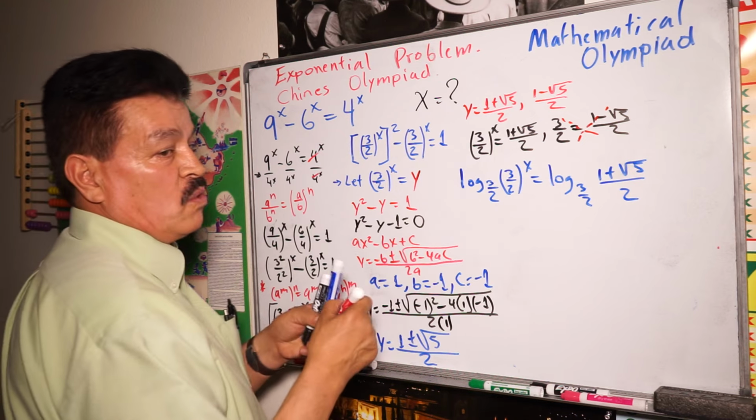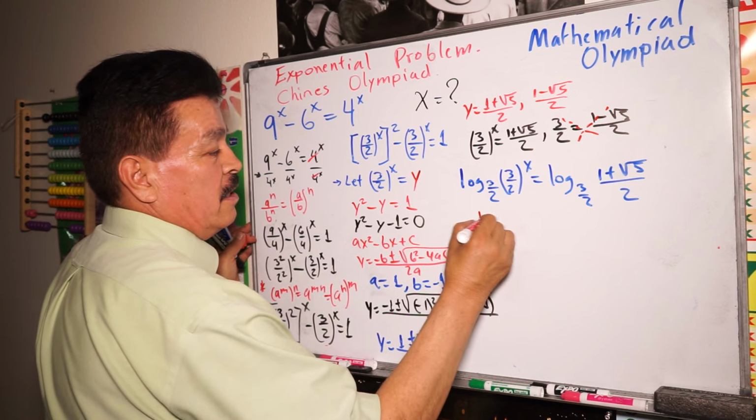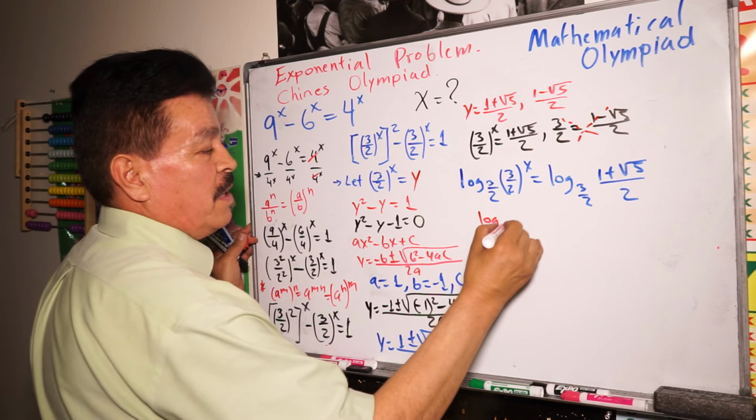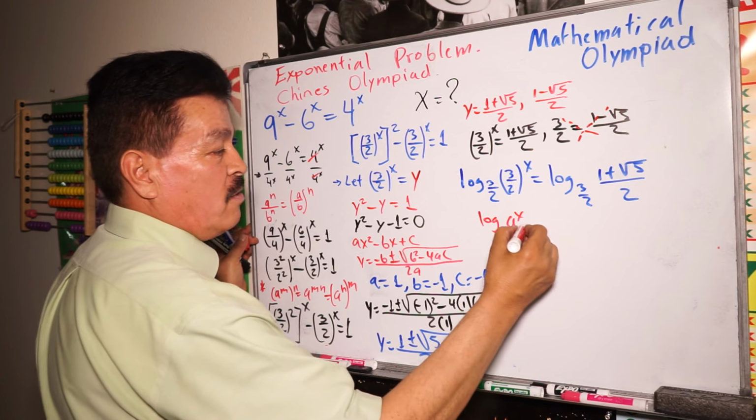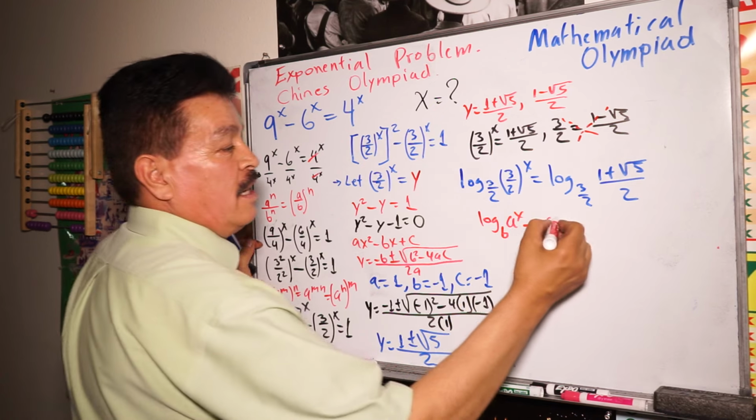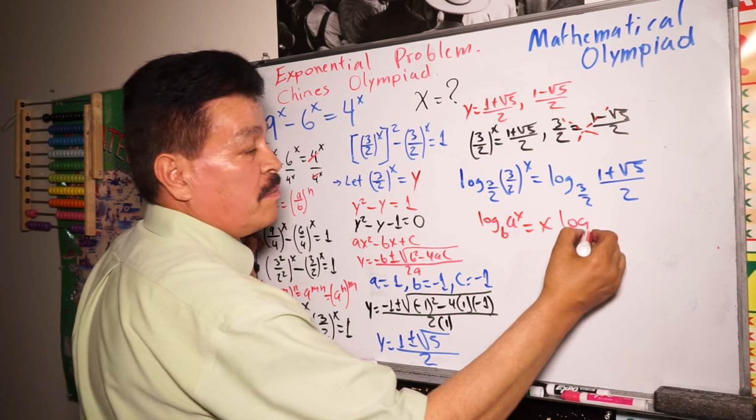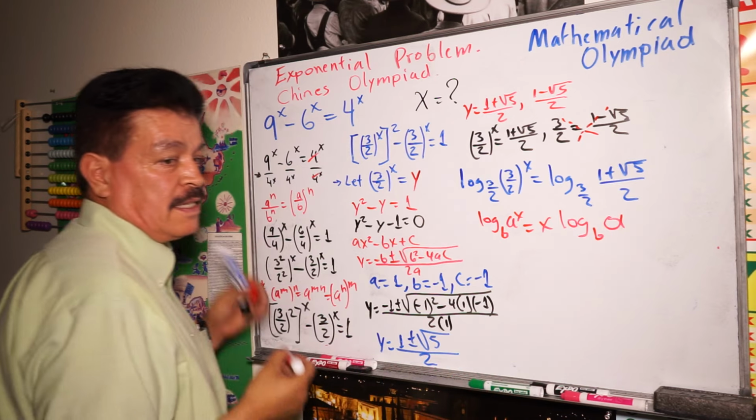Okay, so now next step, remember the rule. I'm going to write this rule here again. Log of b to the a equals a times log b. All right, this is the rule.